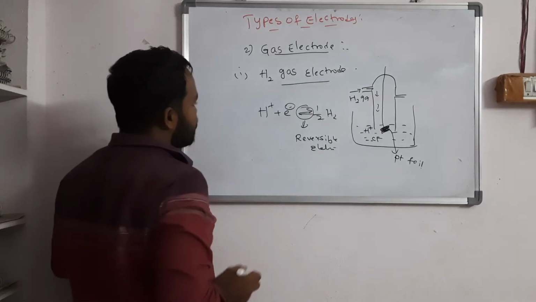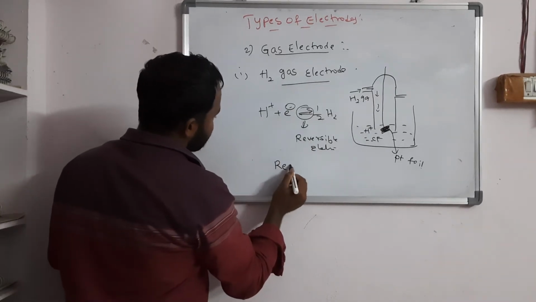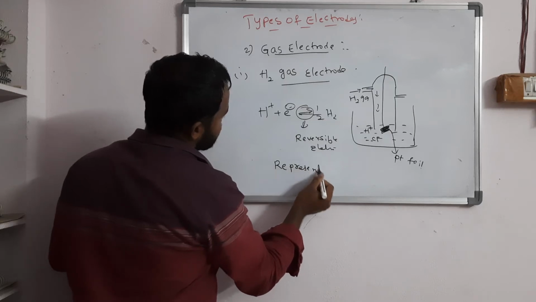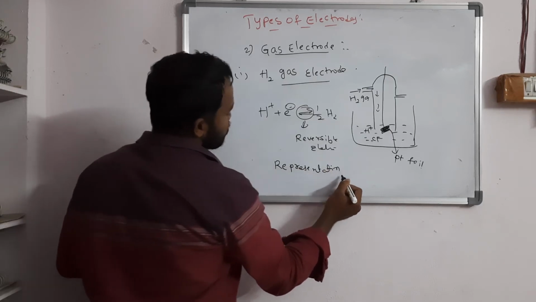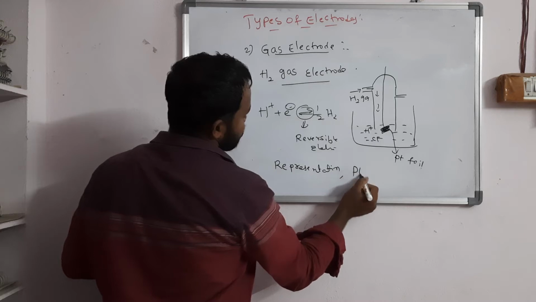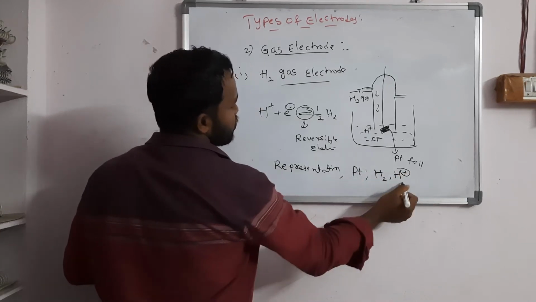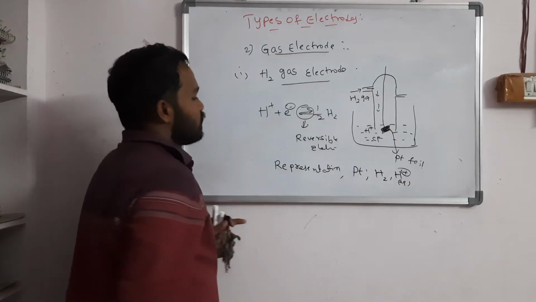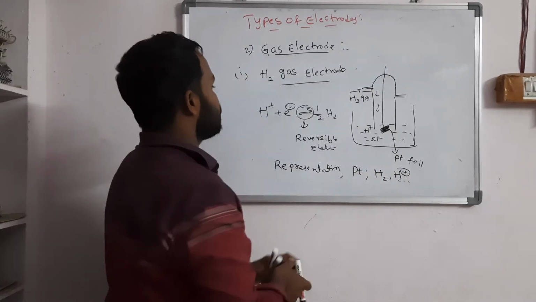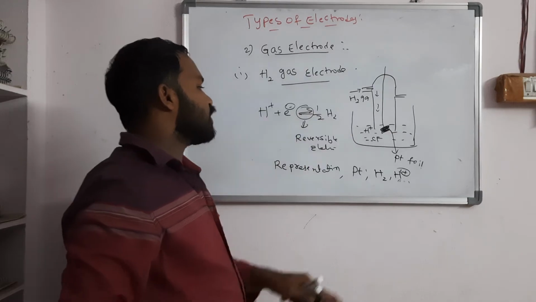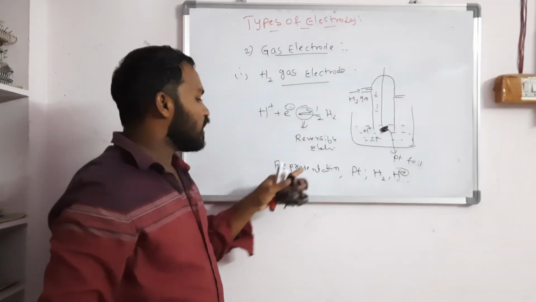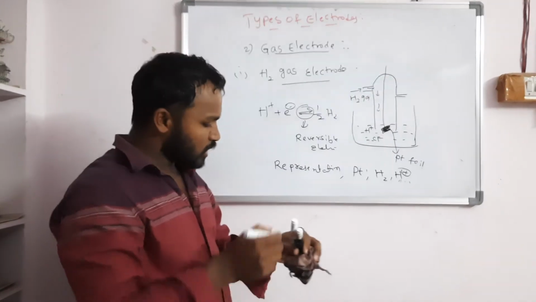Next you should write the representation: platinum, hydrogen gas, placed in H plus ions, aqueous. So H plus by gain of an electron is converted into half H2, and that is a reversible electrode. The representation is platinum, H2, H plus.